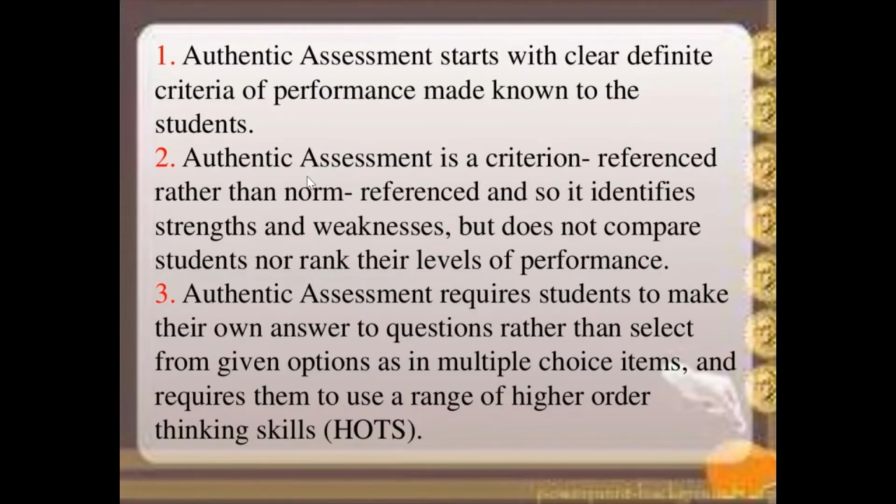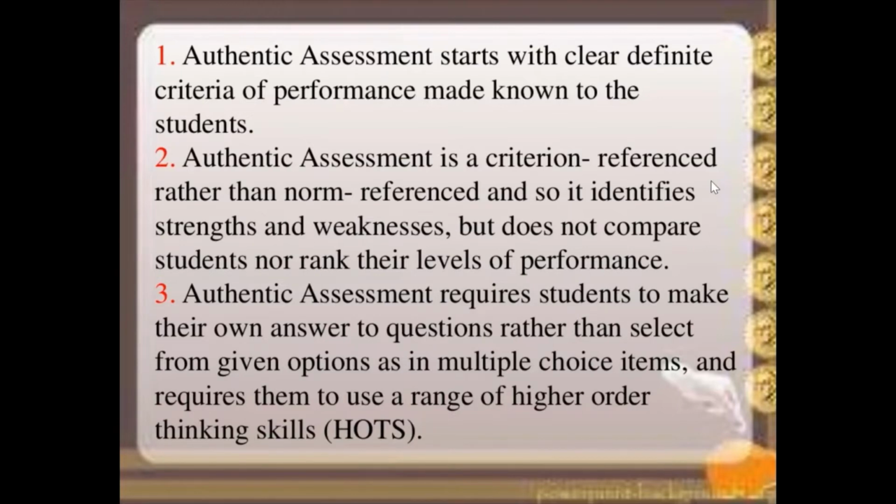Second, authentic assessment is a criterion reference. So that means students are assessed based on a set of criteria rather than norm reference. What do we mean by norm reference? This means students are arranged or classified according to the set of norm or what is normal with respect to the entire class.